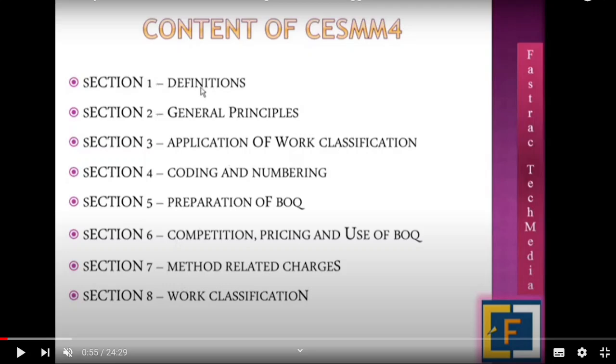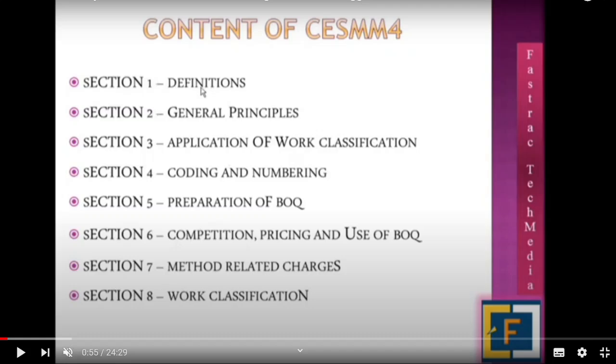So this is very important. You have to understand that the total CESM is divided into 8 sections, and the first section is definitions.